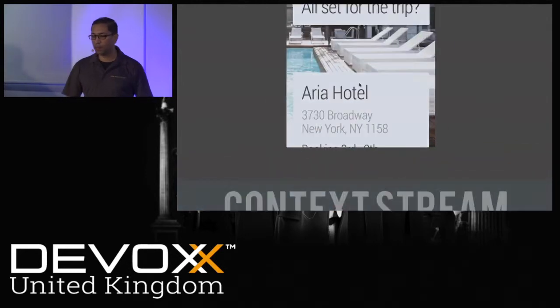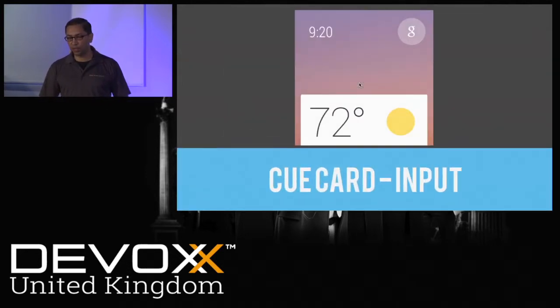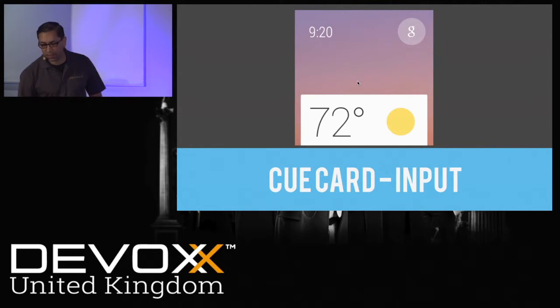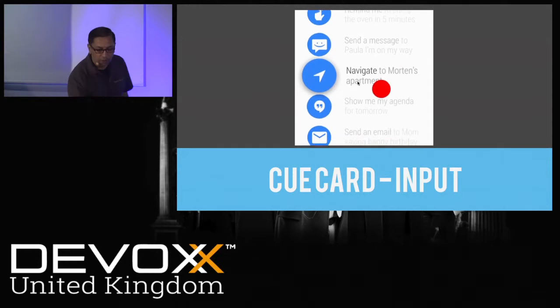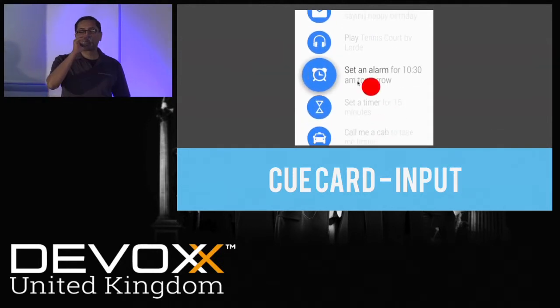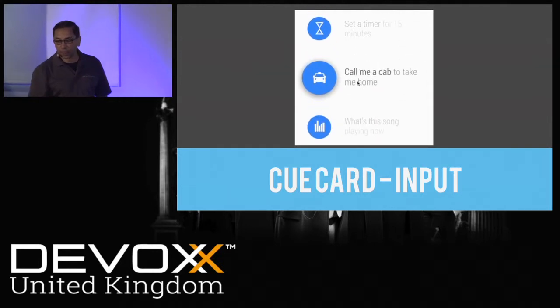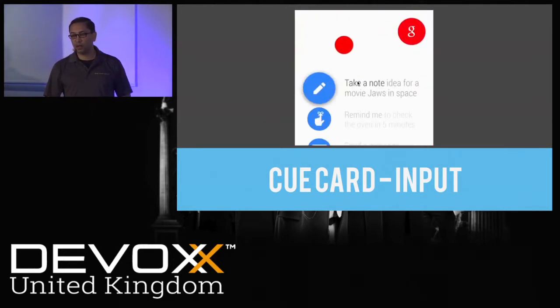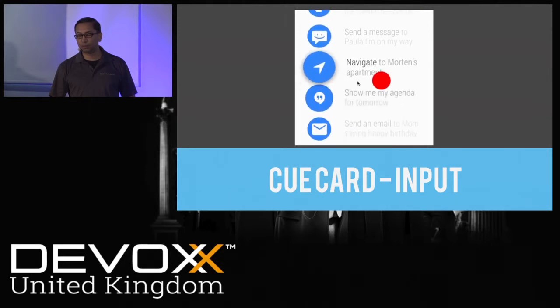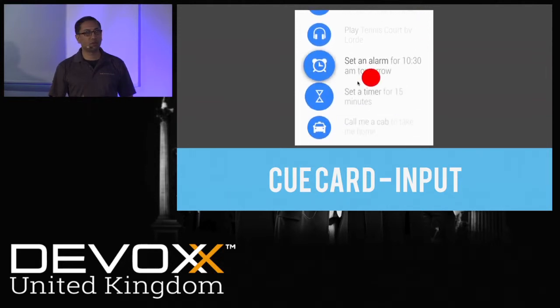Okay? So, along with that, we also have this motif of a cue card input. Right? So if we look at how this works, you can see that the user can tap the screen, and they'll get certain small things that they can do.